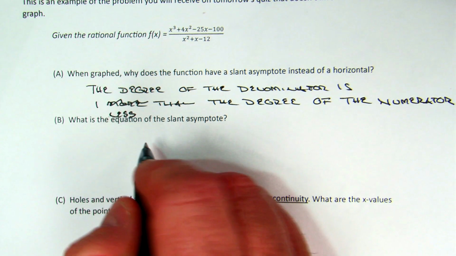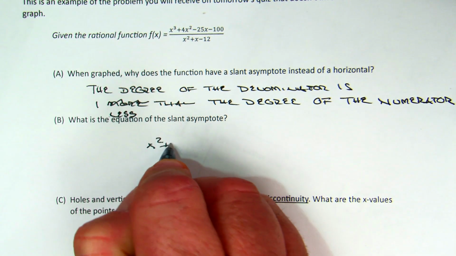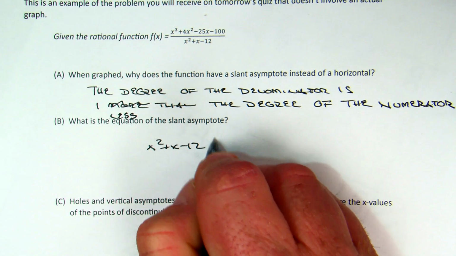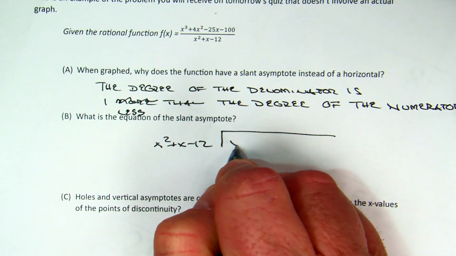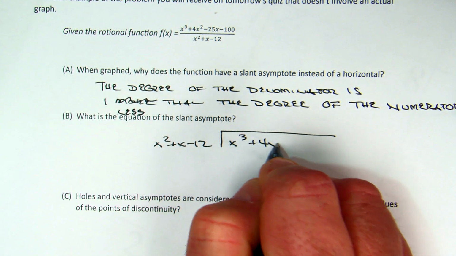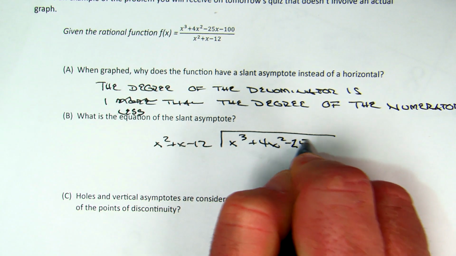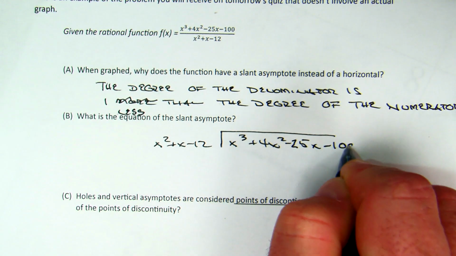We take the denominator, which is x squared plus x minus 12, and we divide it right into the numerator, which is x cubed plus 4x squared minus 25x minus 100.